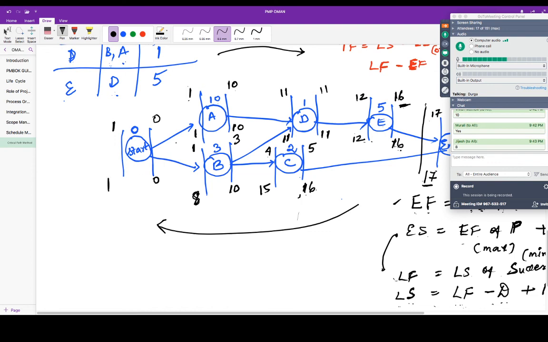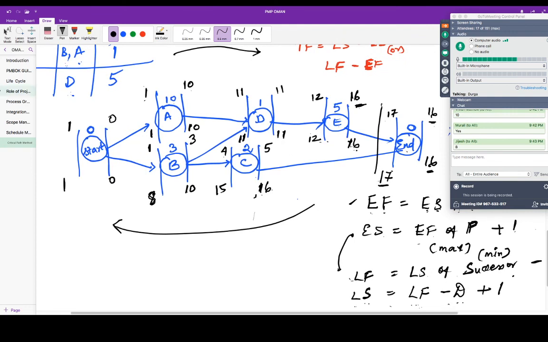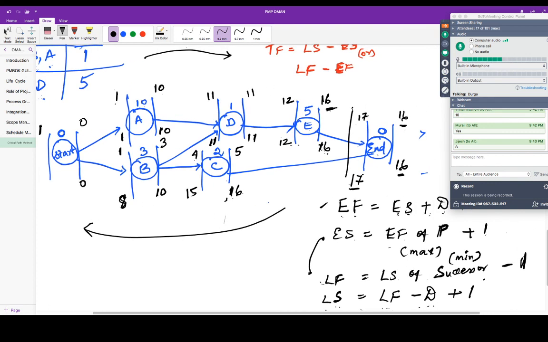Of course, the start and end will always be critical because they are only milestones. If you practice it, it will not be a problem at all. For the first time it may look complicated, but it's so simple.